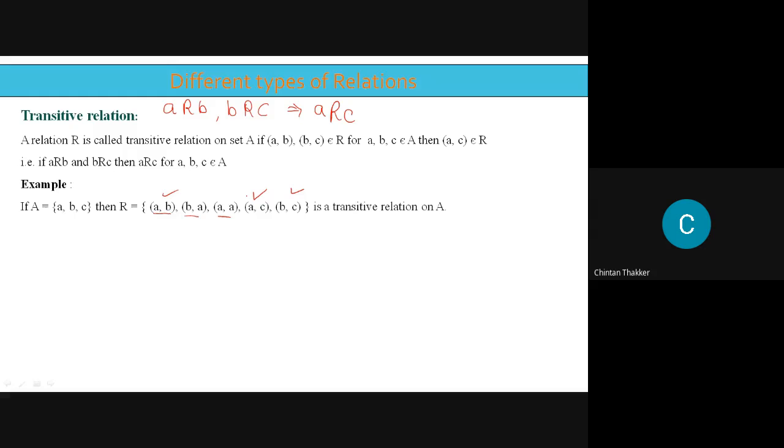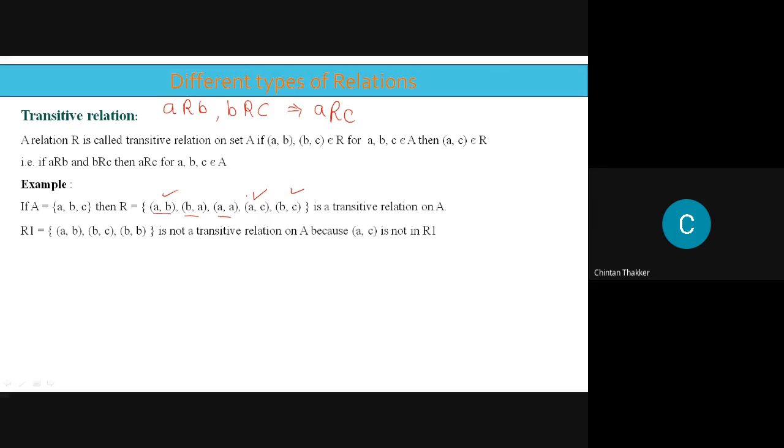Okay. We have (A,A), then (A,C), so (A,C) is there. So this relation is called a transitive relation.